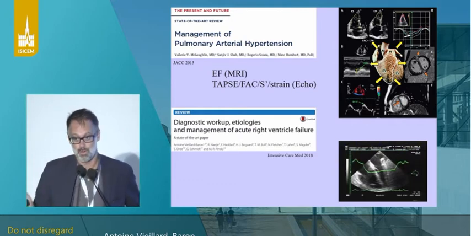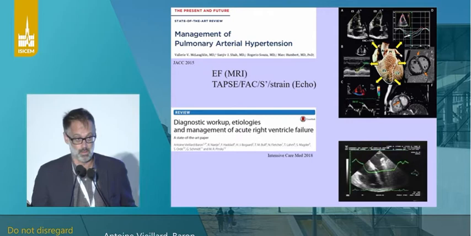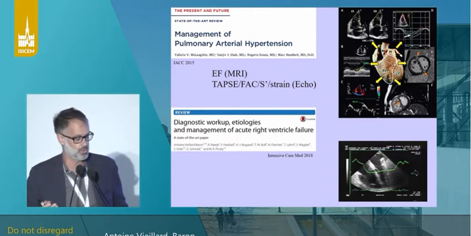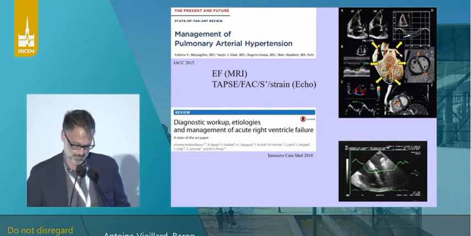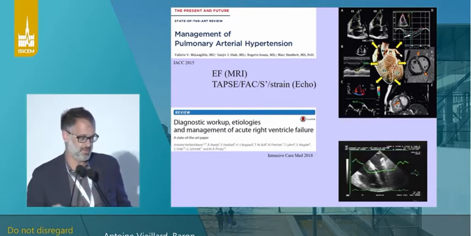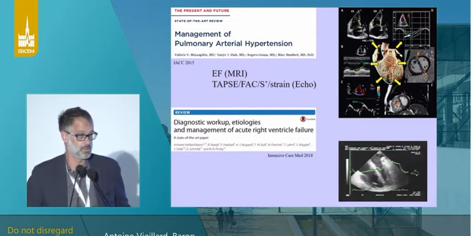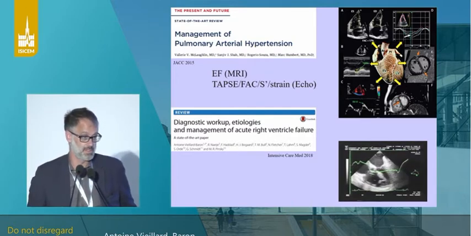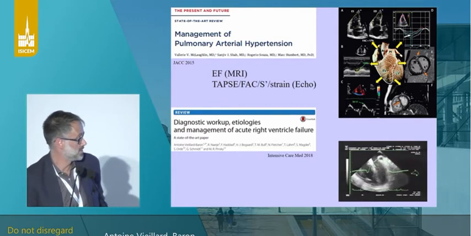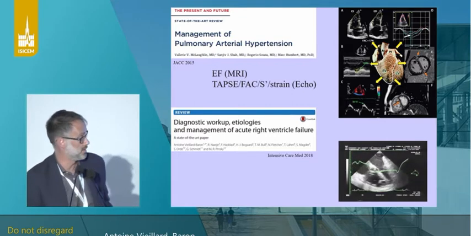Or you have another approach, maybe more understandable by the intensivist, which is to define right ventricular failure as a congestive state where the right ventricle is dilated with, for instance, an elevated CVP, exactly what you can observe here in a patient ventilated with ARDS and with shock.